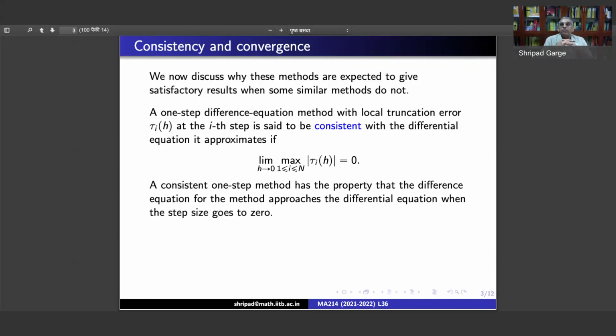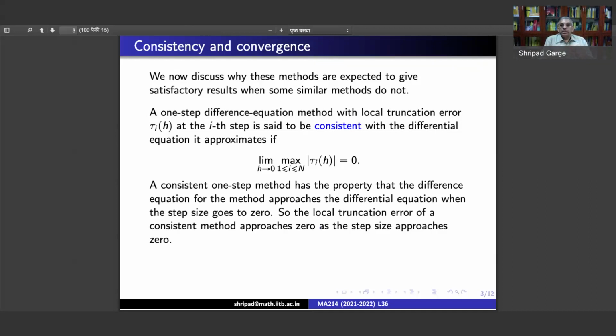This is what we will have when the local truncation error goes to 0. Okay, and this is a consistent method. A consistent method should be that your difference equation somehow goes close to the differential equation as you take smaller and smaller h. That is what is expected.